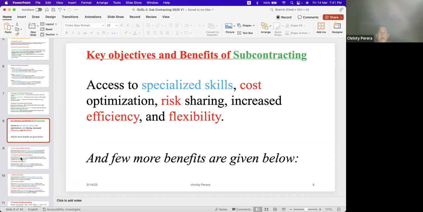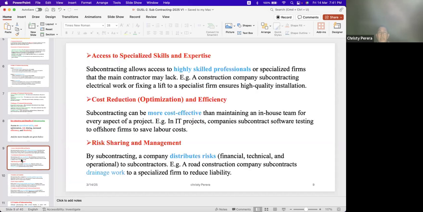And a few more benefits are given below. So I have given some more benefits for a prime contractor. Most of these things will affect the main contractor or prime contractor. Access to specialized skills and expertise. I told you all.